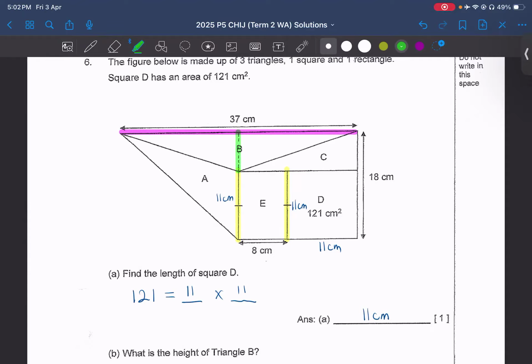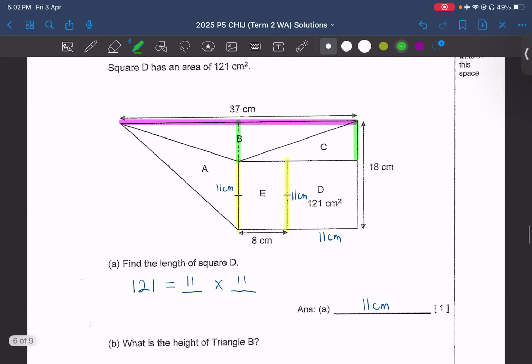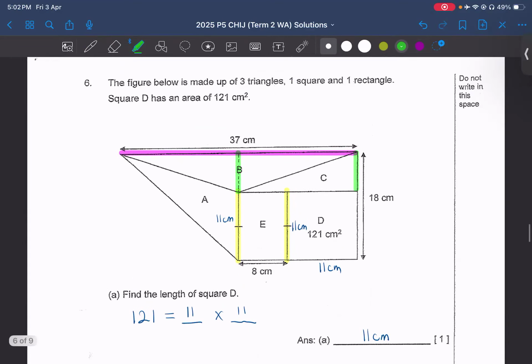So in this case, this dotted line here is the same as this side of the whole figure. And what you have below here, this yellow portion here, is also the side of the square. So you know this dimension as well as 11 centimeters.